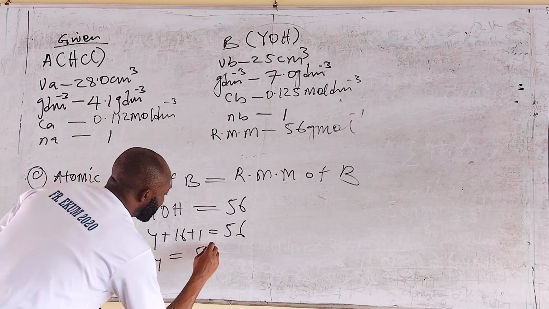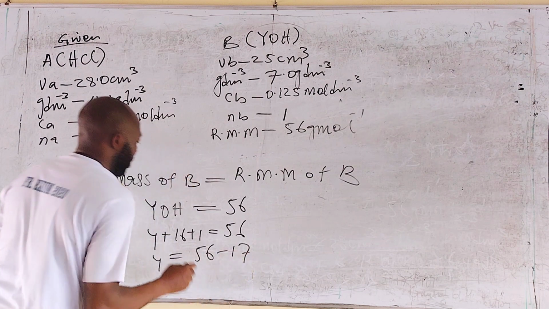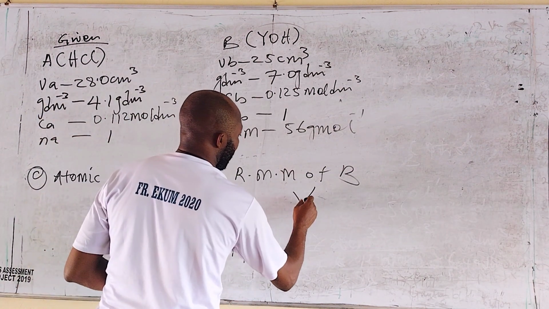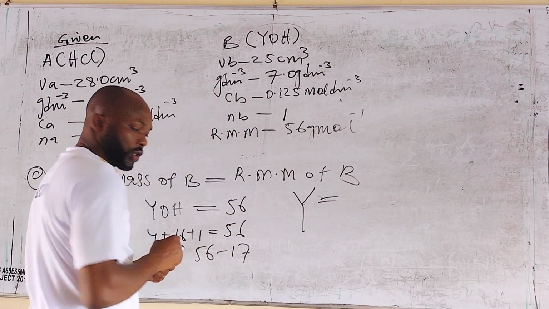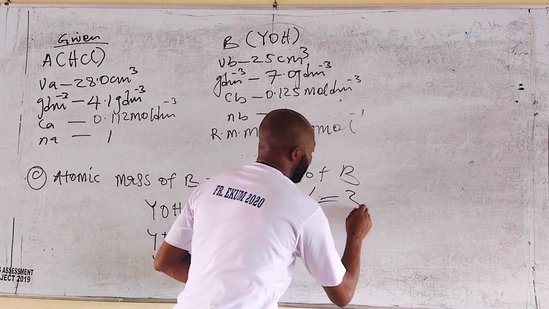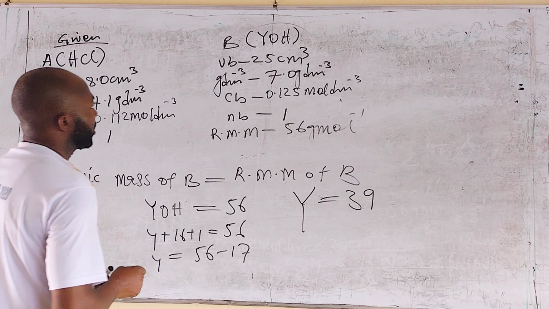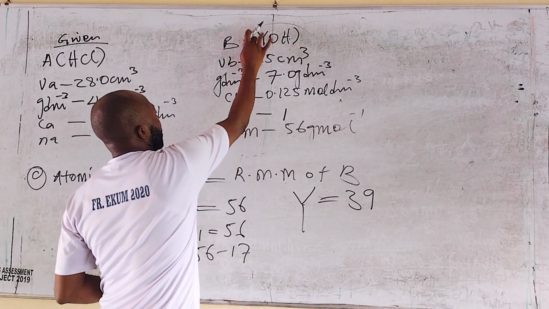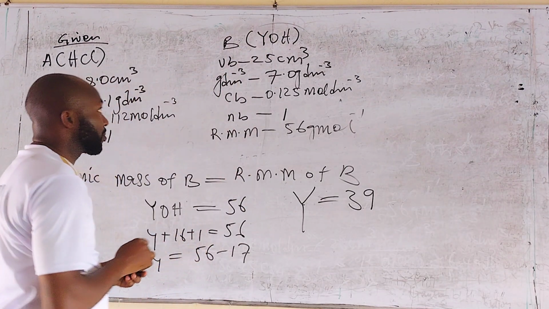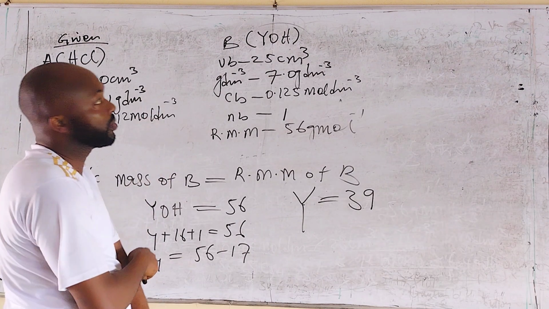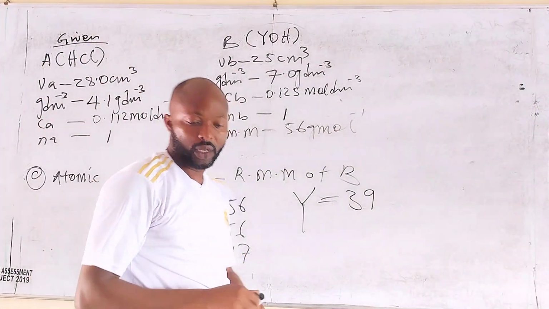Y is 56 minus 17. Y is equal to 39. So if Y is 39, then potassium has an atomic mass of 39. So that is potassium hydroxide.